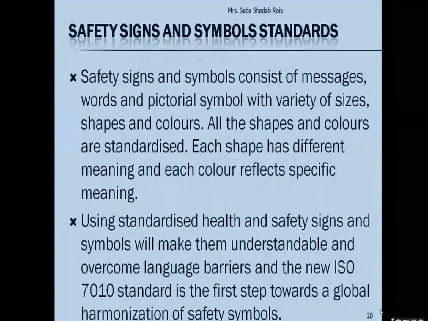At that age, your understanding is that whatever the teacher has encircled in red pen is wrong. So all the shapes and colors are standardized. Each shape has a different meaning and each color reflects a specific meaning.